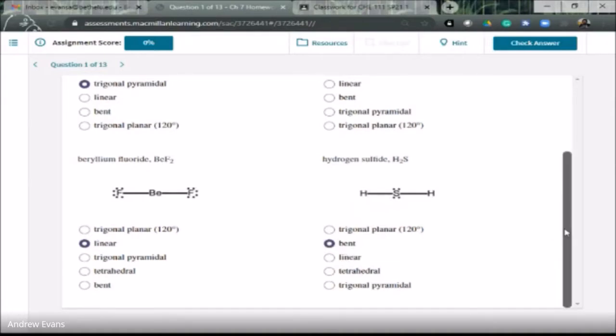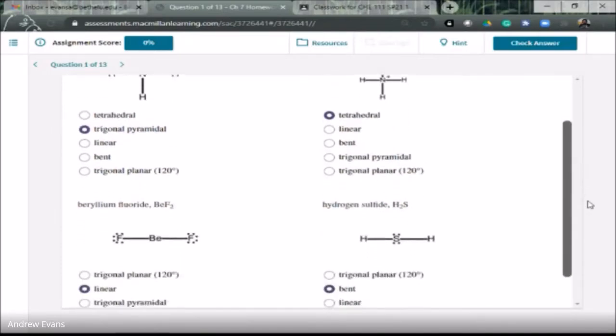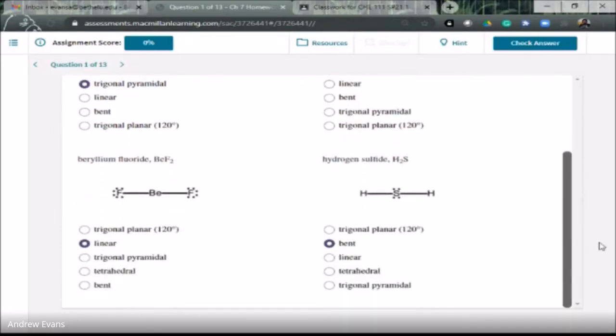This one is just trying to show you the difference between electron domains and molecular geometry. I've drawn this linear in both cases, but is this actually linear? No, that's actually bent.